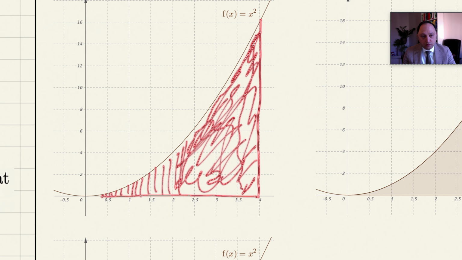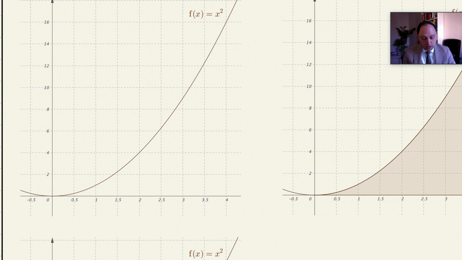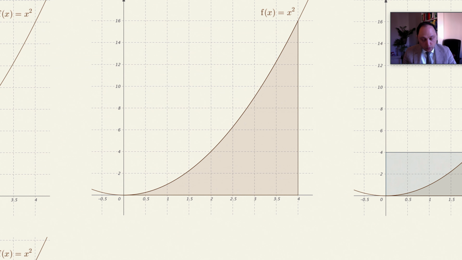So the point is to calculate this area, and I hope you agree that this is not a trivial problem, and you can see it in this figure. I want to calculate the area of this colored region. Of course, you can start counting the squares here. These are not squares, by the way, because the width is 0.5 and the height is 2, so these are actually rectangles. But even for rectangles, you can calculate the area easily.